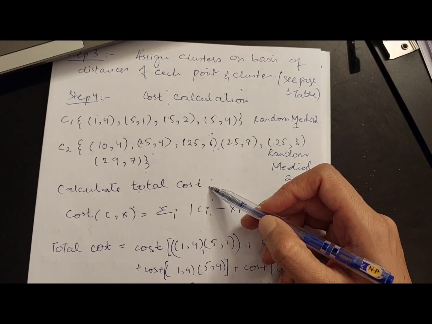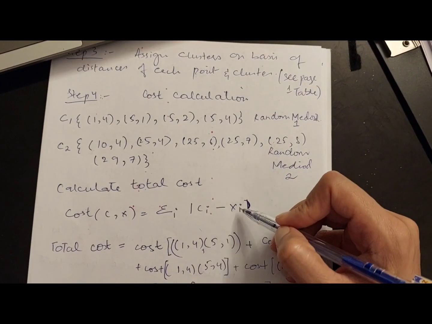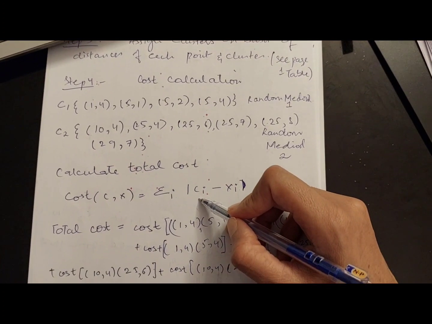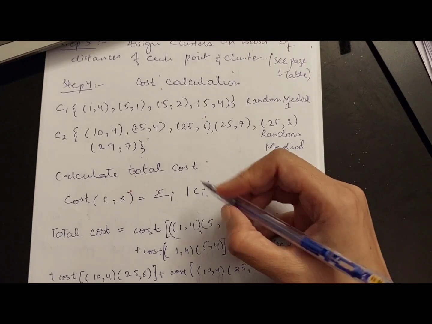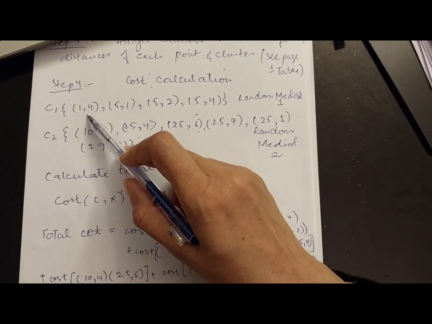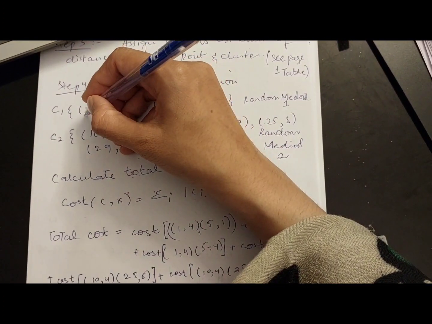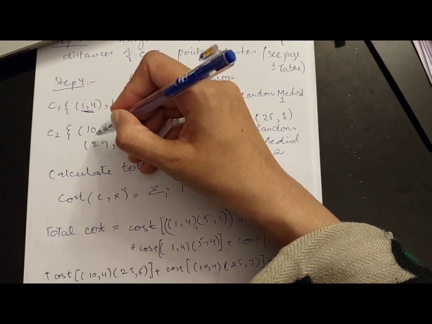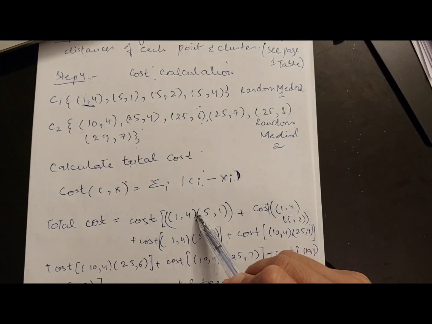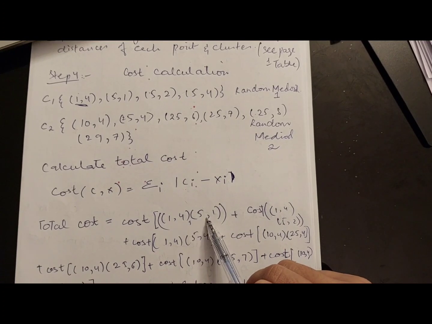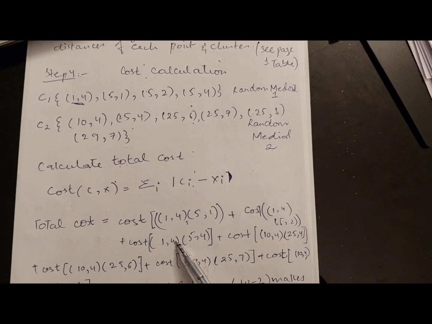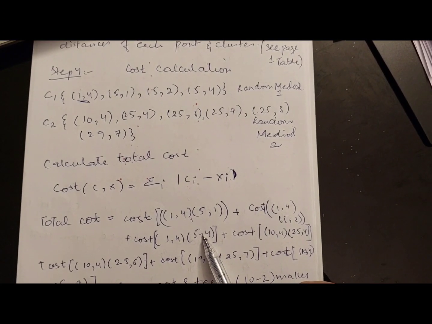The formula for the cost is the summation of ci minus xi, which means first of all you will take cluster number 1. So the distance of 1 4, this was your medoid, this was your centroid, you find its distance from the first data point: 1 4's distance from 5 1, from 5 2, and from 5 4.